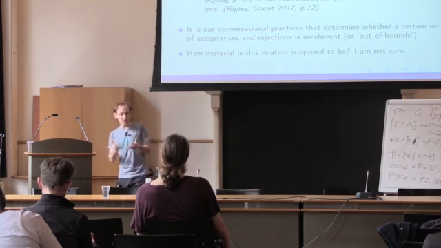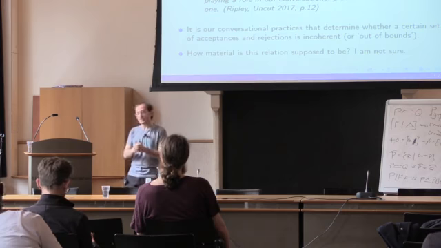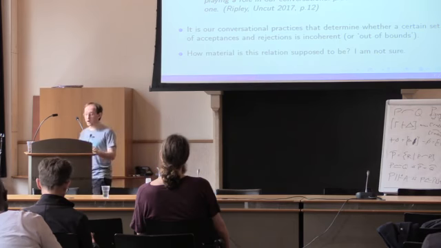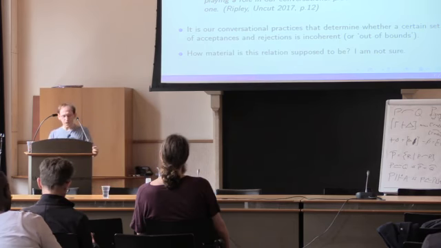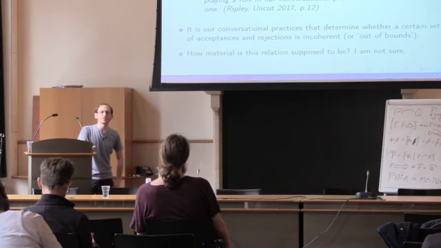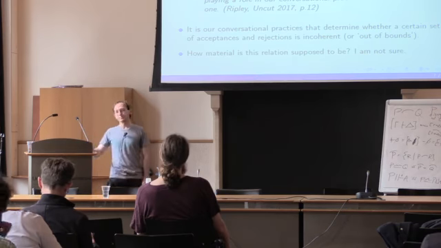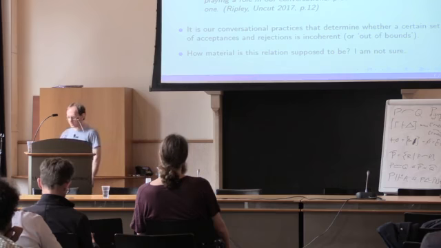I think that this is the case, and that in some cases, if we understand consequence in this way, it will be plausible to say that certain sets of attitudes will be incoherent in virtue of how the world is. But okay, that's contentious, so I'm going to leave it at that.